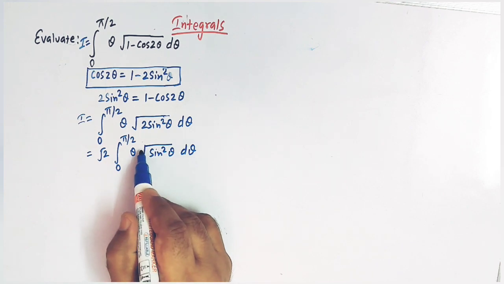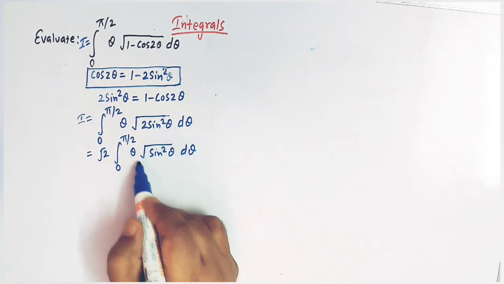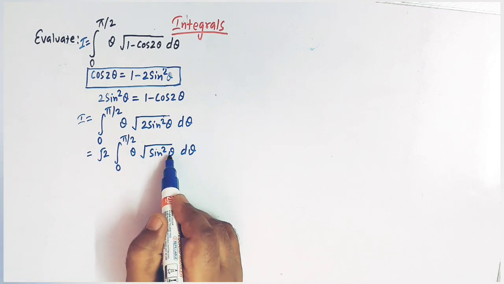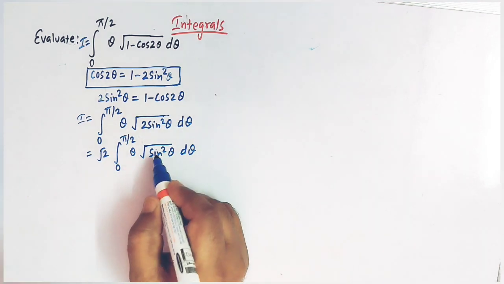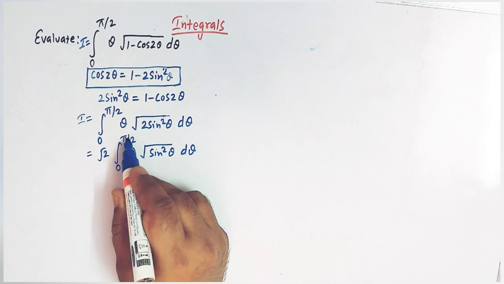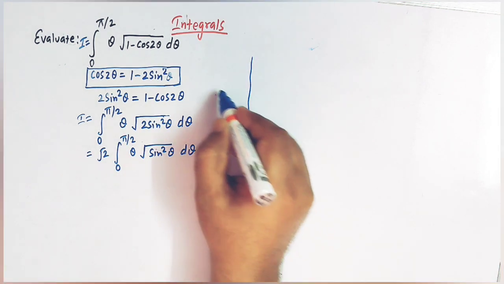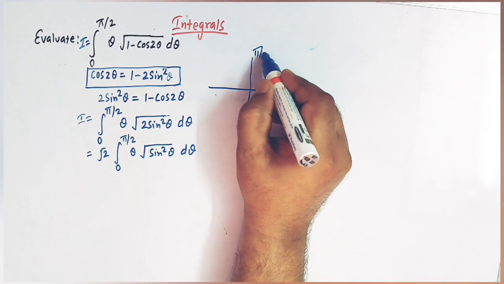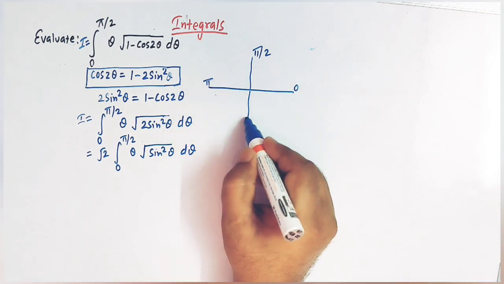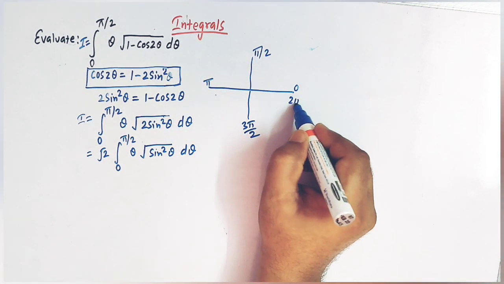Now see, here we have square root of sine square theta, right? So we cannot write the square root of sine square theta as simply sine theta. Why? Because see, here the limits of integration varies from 0 to pi by 2, right? So if we see the sign convention in trigonometric functions, then we have here the four quadrants, right?